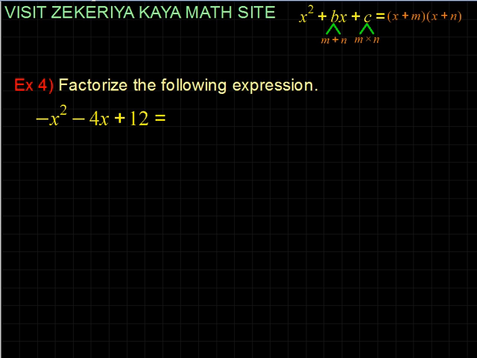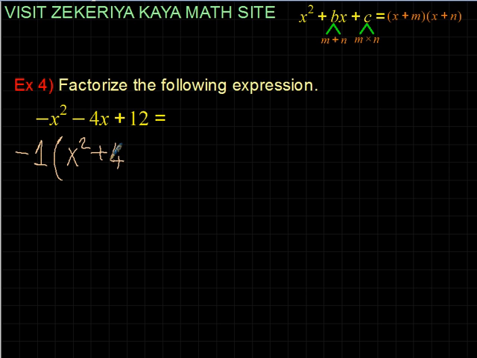If the leading term is negative, if it has a negative 1, for these kinds of cases, firstly we take negative 1 out in parentheses. Negative 1 times what makes minus x squared? x squared. Negative 1 times what makes minus 4x? It should be plus 4.